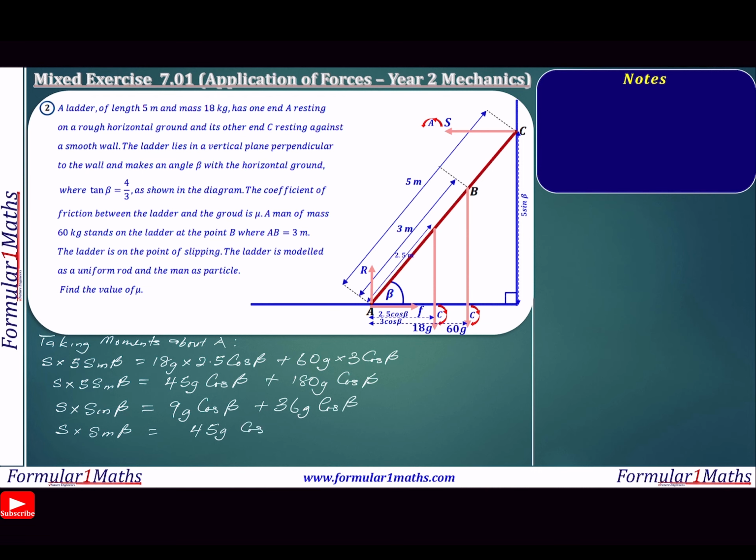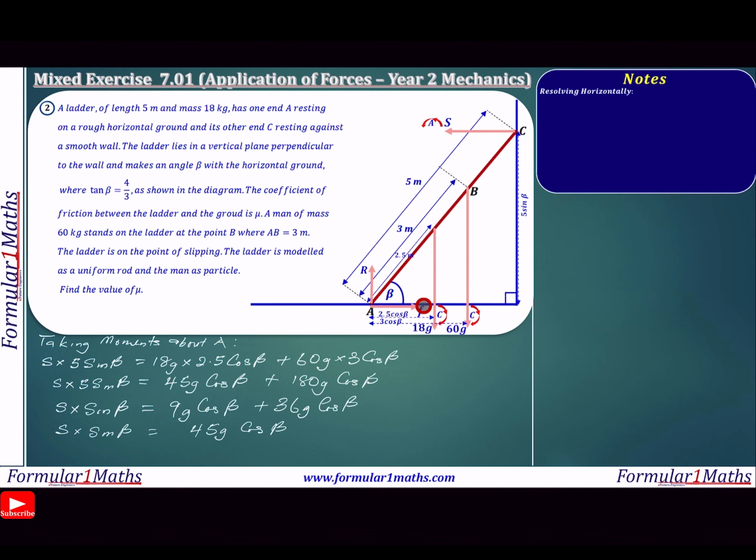So at this point, we can also resolve the forces horizontally and vertically. Resolving horizontally, S is equal to the frictional force, F, because these are the only two forces acting horizontally and they are acting in opposite directions.